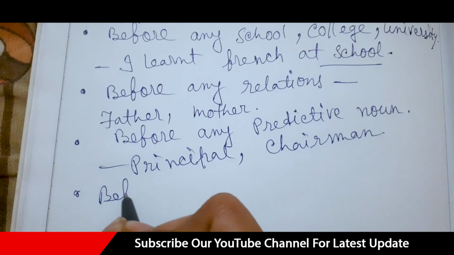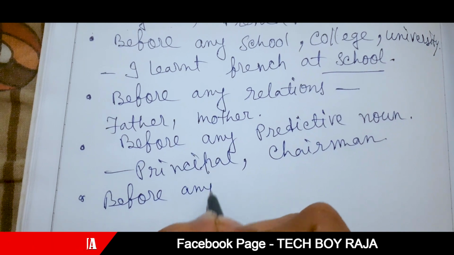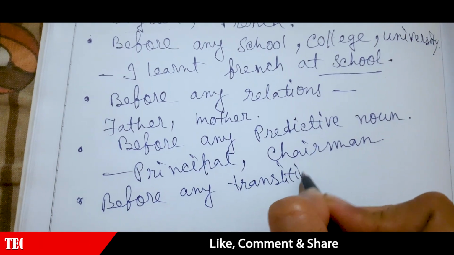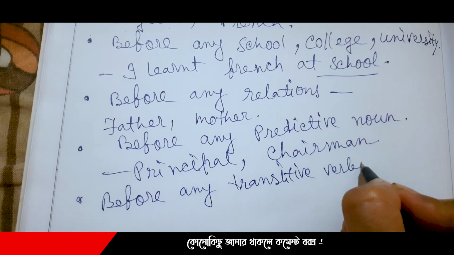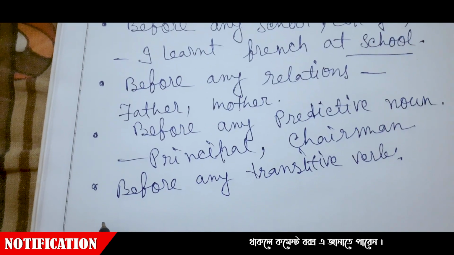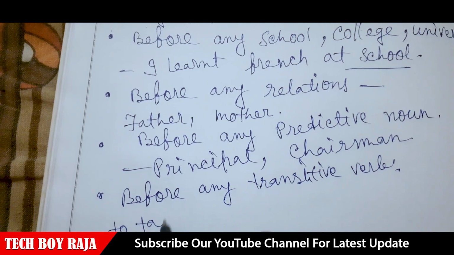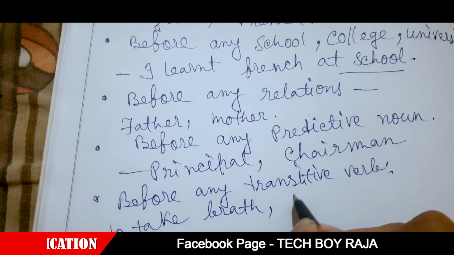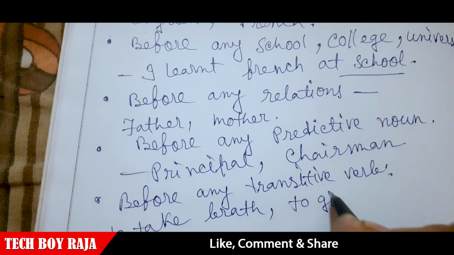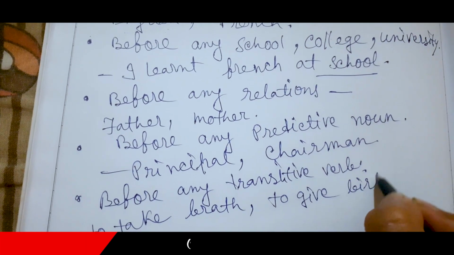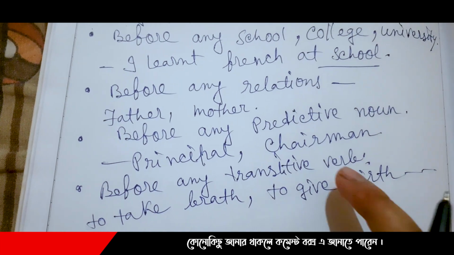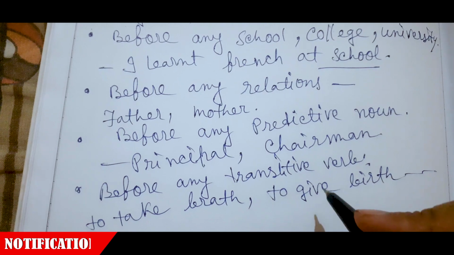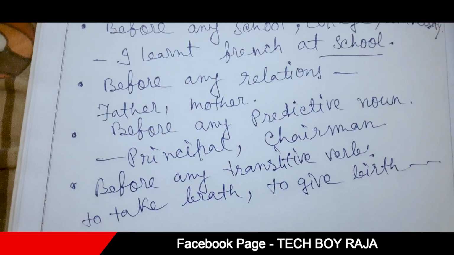So before any transitive verb no need to use articles, like to take breath, not to take the breath. Or to give birth, like this many more are there. Whenever it is a transitive verb, means there is an object, no need to use the articles.